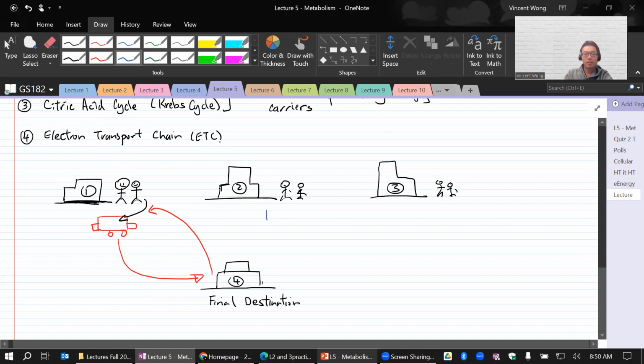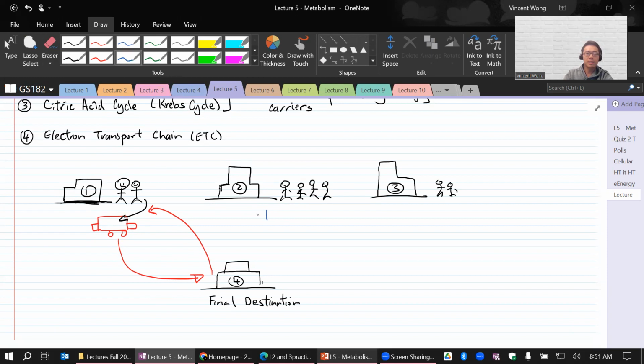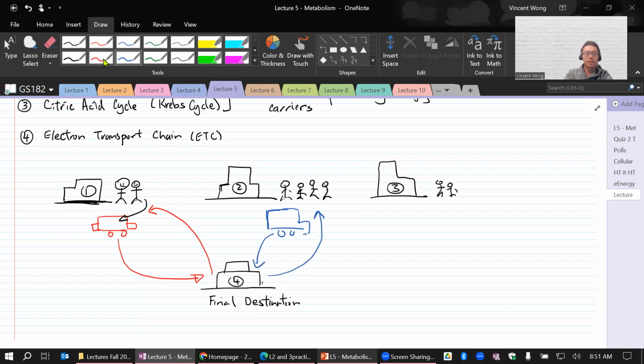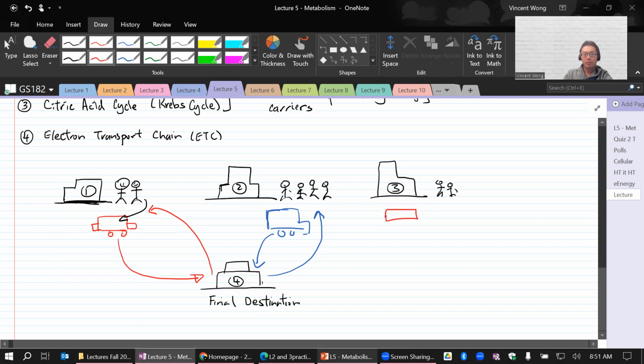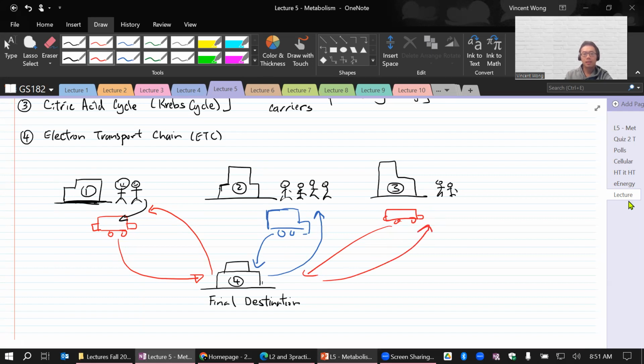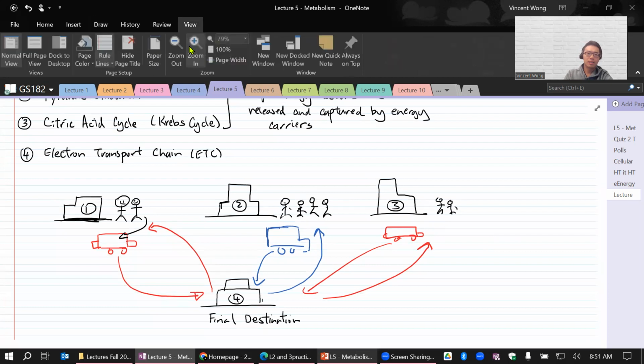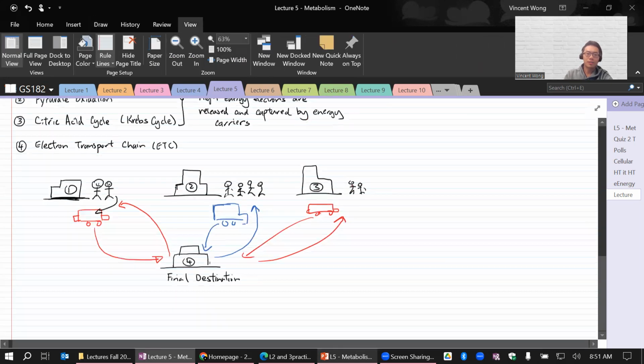You might have more people here, right? So you need a bigger taxi, a van or something. Drive them to the airport, drop them off, and comes back. Same thing over here. Comes back.